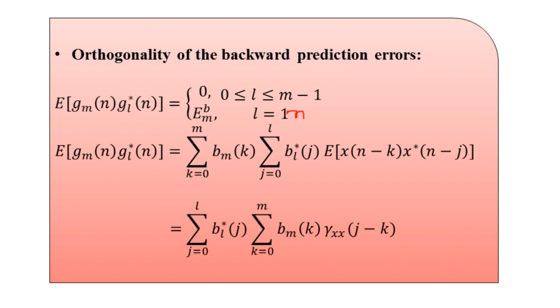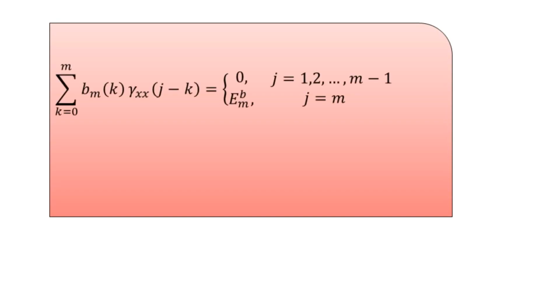So in this case the normal equations for the backward linear prediction require the condition that can be denoted by the summation k is equal to 0 to small m b m of k into gamma suffix xx of j minus k to hold the value 0 for j is equal to 1, 2, 3 and so on up to small m minus 1, and when small j is equal to small m, so that time it will hold the value denoted by capital E suffix m to the power b.